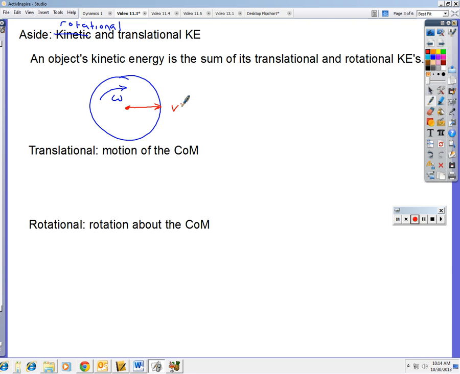So the translational kinetic energy is 1/2 mv squared, where v is the speed of the center of mass. And then rotational kinetic energy is 1/2 I omega squared, where omega is the angular speed about the center of mass.